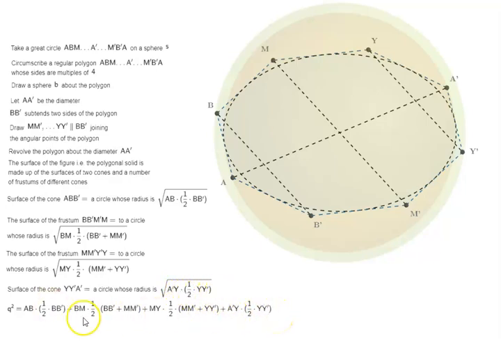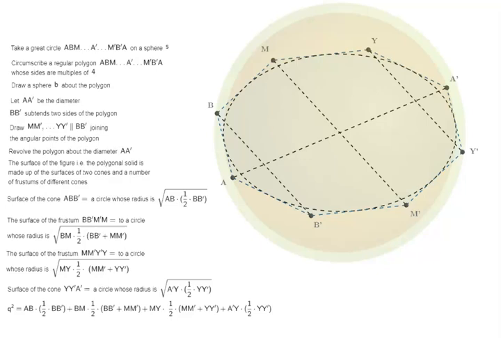When we add up all these, what we get is the radius square of a circle which is equal to the surface of the polygonal solid that is circumscribed about the given sphere.